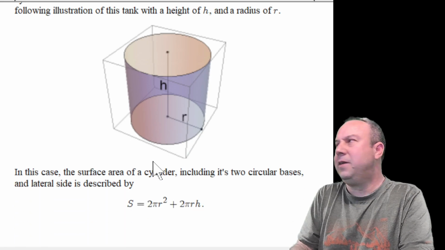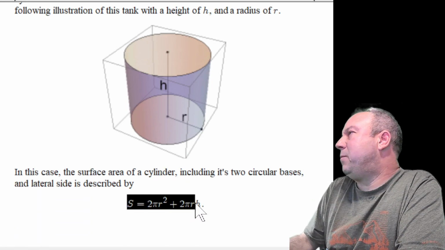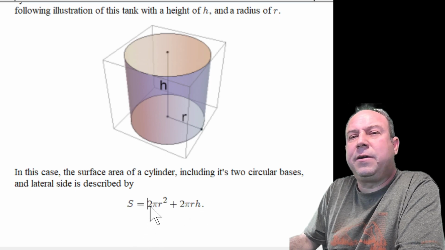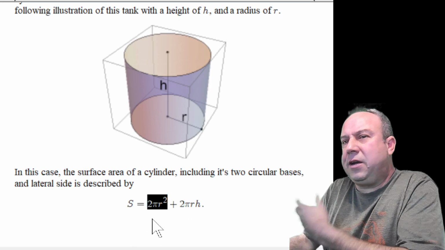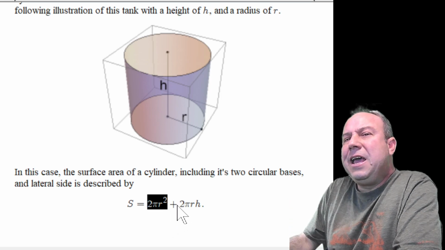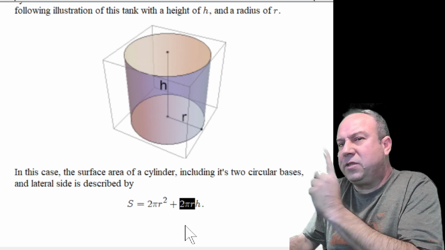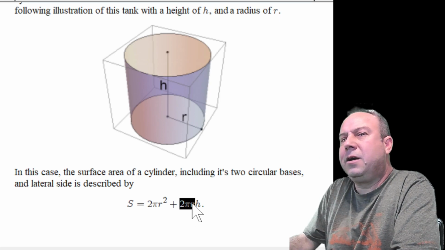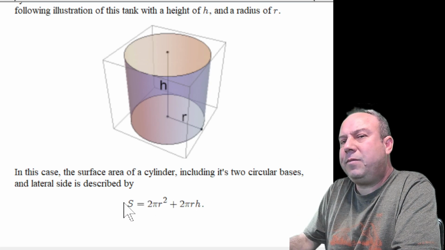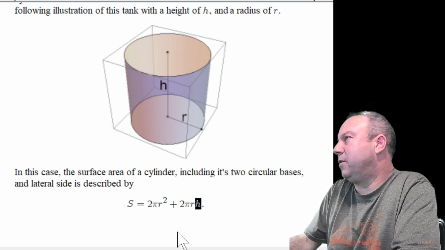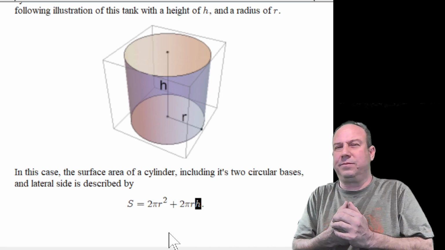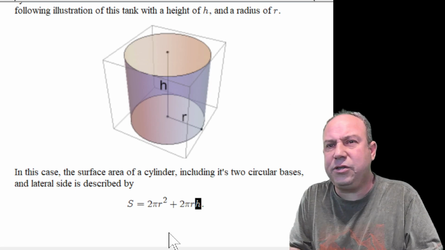In this case, we want to optimize this surface area formula seen here. This 2 pi r squared is the area for the two circular bases, and the lateral side is the circumference of the circle, 2 pi r, times our height. And what we end up with is a description of surface area that depends upon both the radius and the height of our cylinder. Now, this is the objective function, but it's two variable.